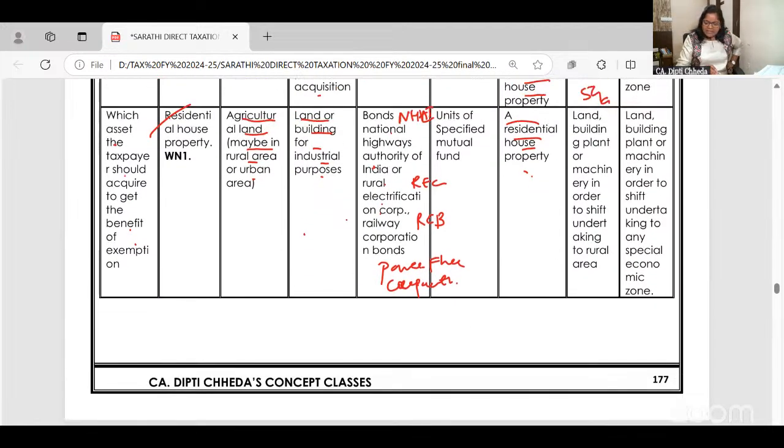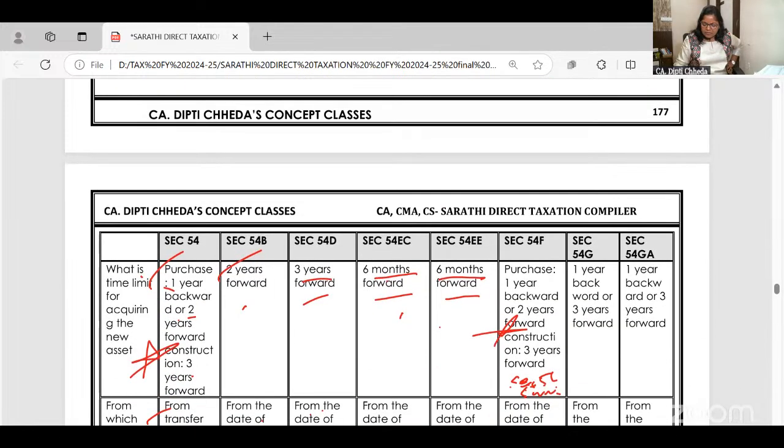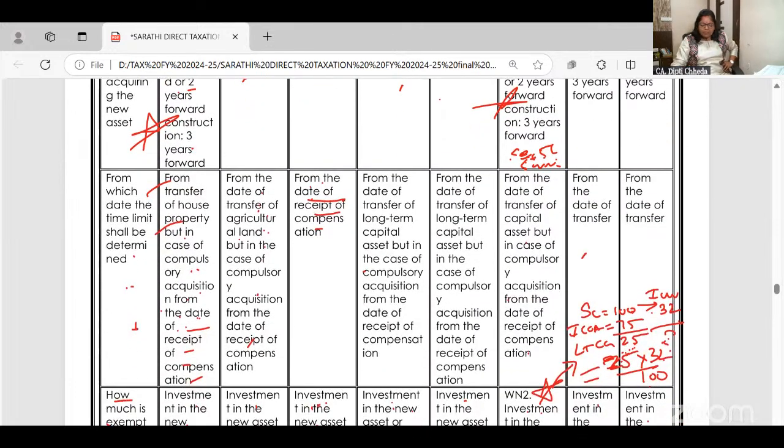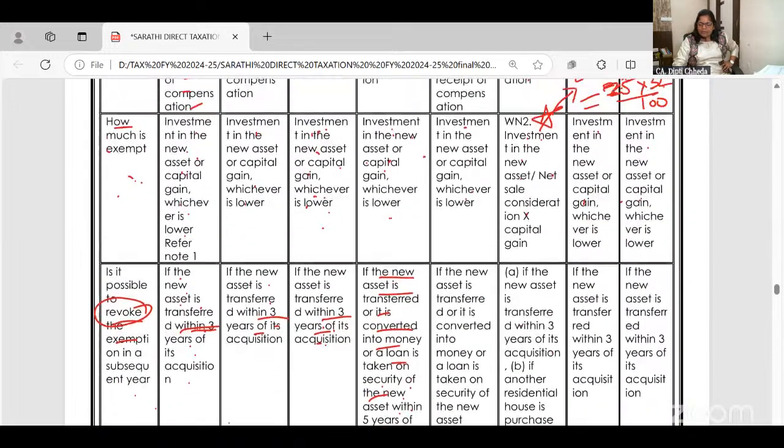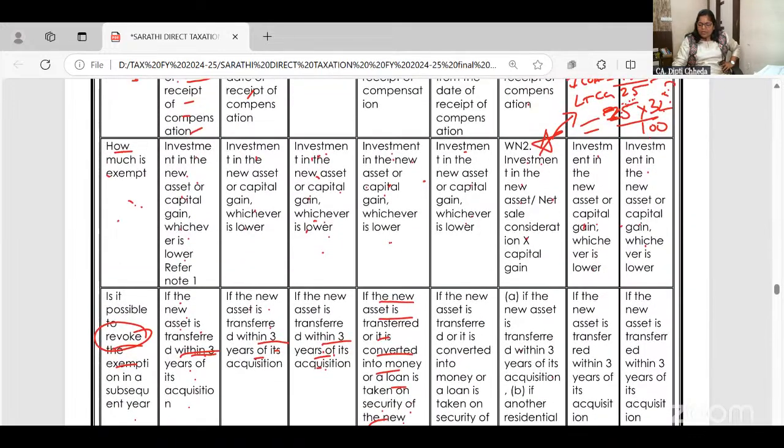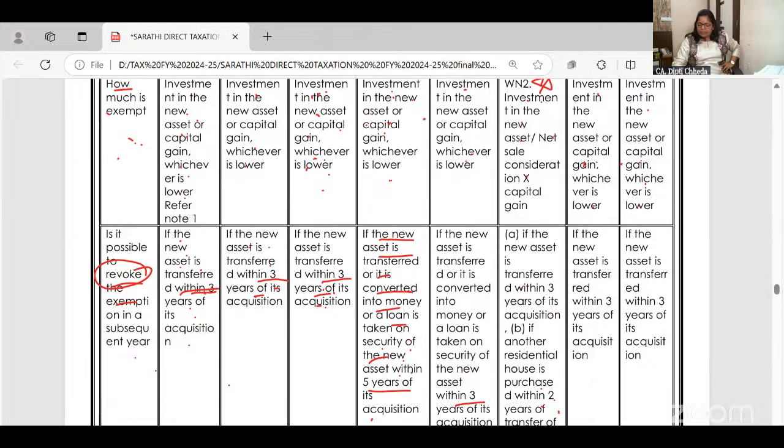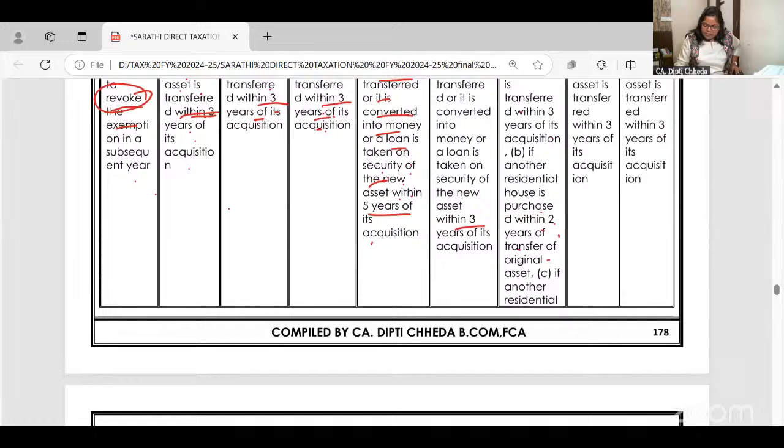And which asset should they acquire: land, building, plant and machinery. 1 year backward, 3 years forward from the date of transfer. It's not compulsory acquisition by government. The exemption is the investment or capital gain, whichever is lower. It is revoked if this land, building, plant and machinery which you have purchased is sold within 3 years.